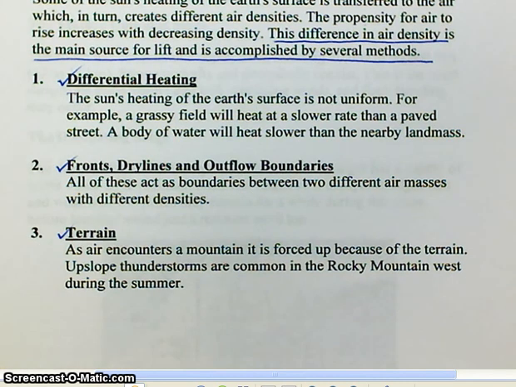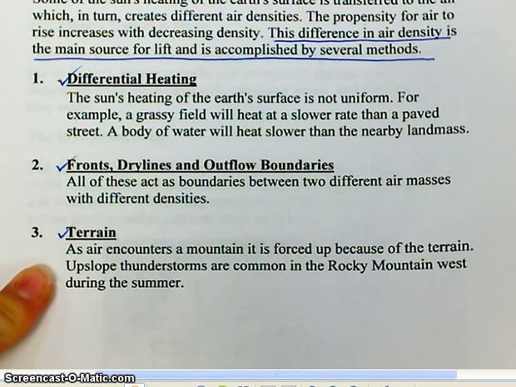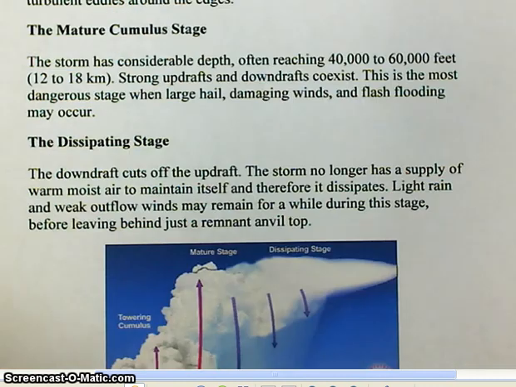As air encounters a mountain, for instance, it is forced up because of the terrain. So upslope thunderstorms are common in the Rocky Mountains during the summer, for instance. So sources of lift: the fact that we don't have uniform heating, that we have boundary lines between air masses, and then we have different areas of terrain.